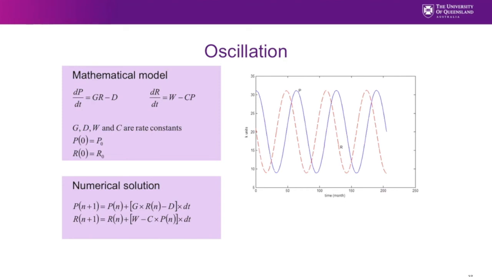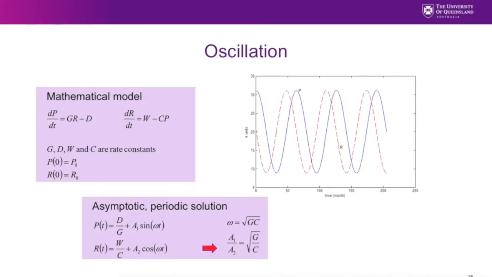So on our problem set for this lecture, you will have to change the method in Stella, in the model specs. So solving the equations of oscillation will lead to the asymptotic periodic solution that is given here. All right.